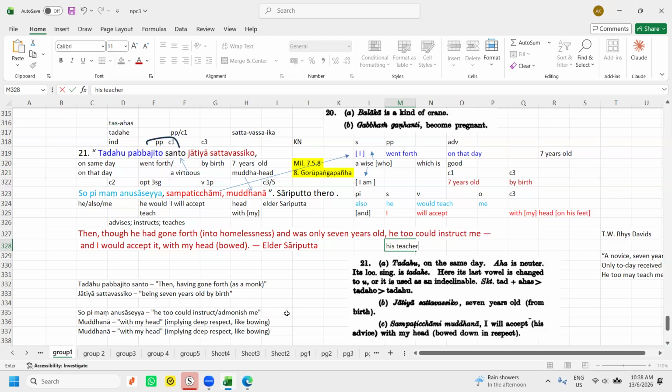At that time Venerable Asaji went for alms round, and Venerable Asaji had already become an Arahant. So it's before he became a Buddhist, before he ordained under the Buddha.